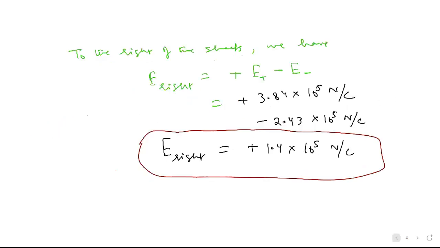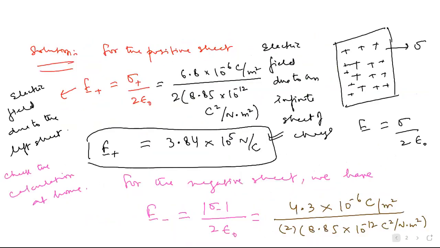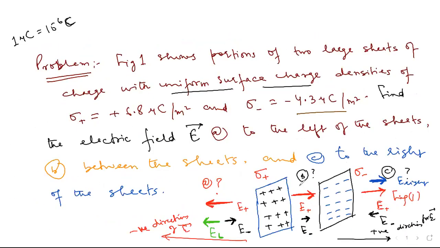So in the figure, E between is this way, longer vector to the right. Let me use some other color. I think this color. So E between is this way. This is E between to the right, having length equal to sum of these vectors.